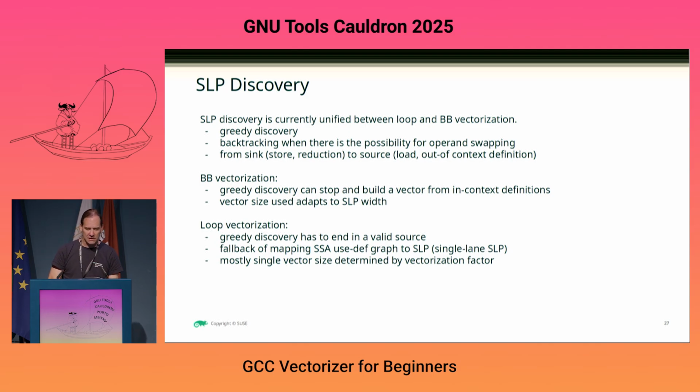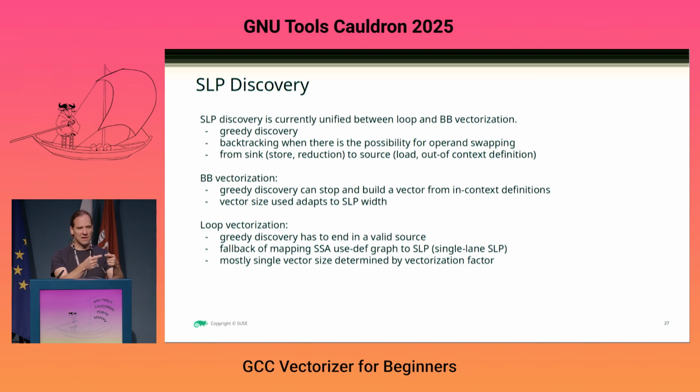SLP discovery: currently the same discovery algorithm is used for loop SLP discovery and basic block SLP discovery. I think we are now agreeing that this might not be the very best thing, but that's the way it is now. It's basically a greedy discovery. We, for example, start from a group of two stores and then follow the SSA edges.